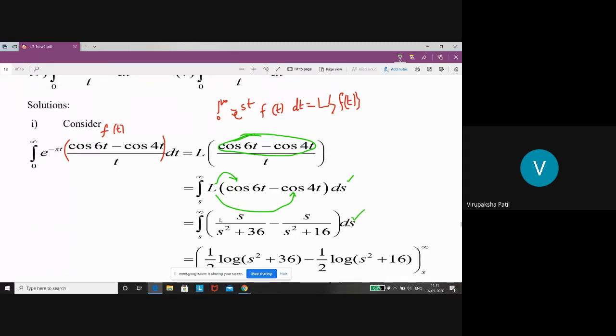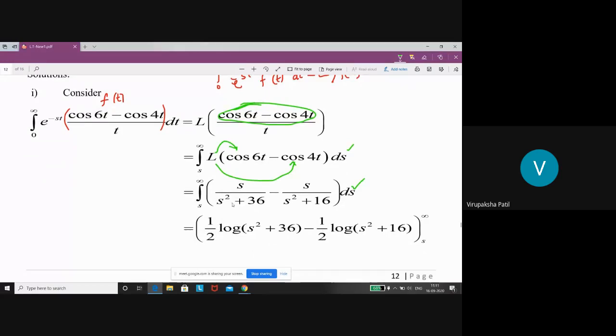Integration s to infinity. Next, what happens? Integration of this is 1 by 2 times log of s square plus 36, minus integration of this is 1 by 2 times log of s square plus 16. Limits are from s to infinity.